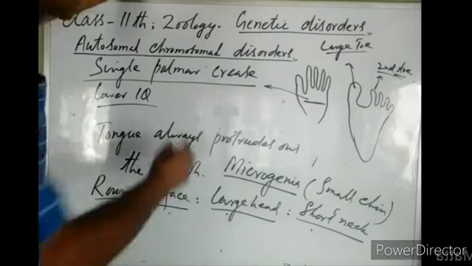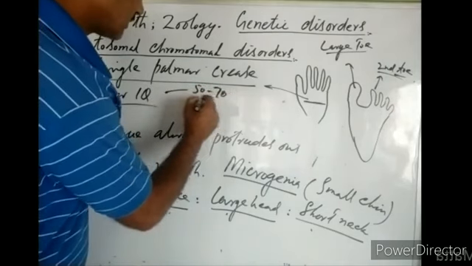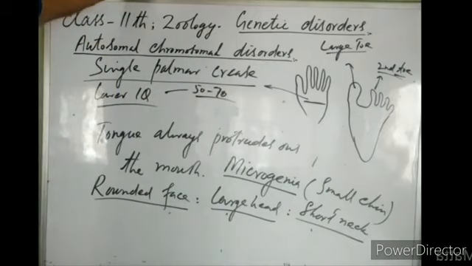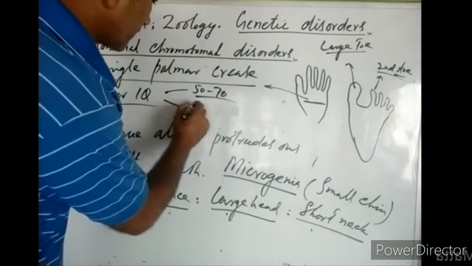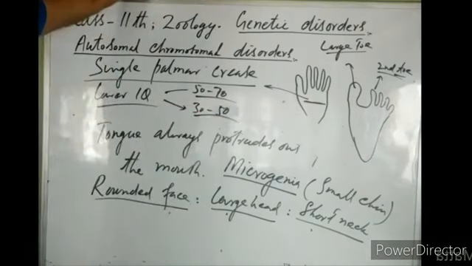Sometimes it is 50 to 70. When it is 50 to 70, with the help of some support, they may live an independent life. But mostly their intelligence quotient remains between 30 to 50. When the intelligence quotient is 30 to 50, they are not able to live an independent life, so they depend upon other persons.